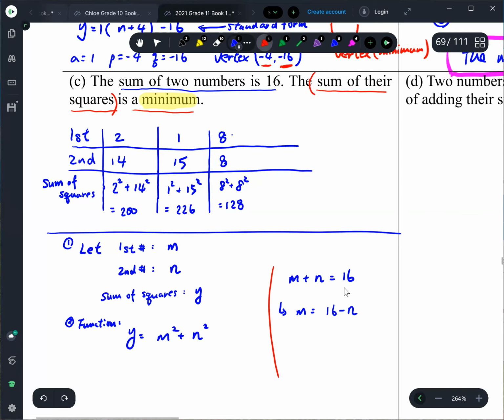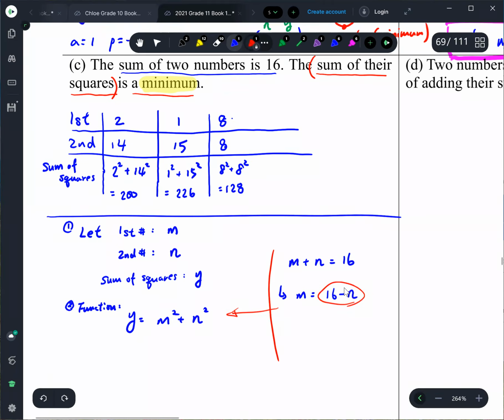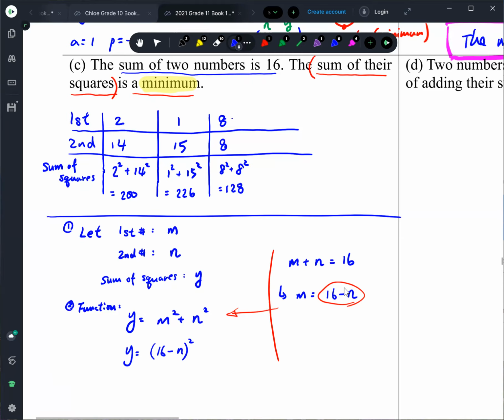So this part is going to replace the m. Okay, so now your function will look like 16 minus n, which is m, right? Square, that's our first number, right? First number square plus the second number square.